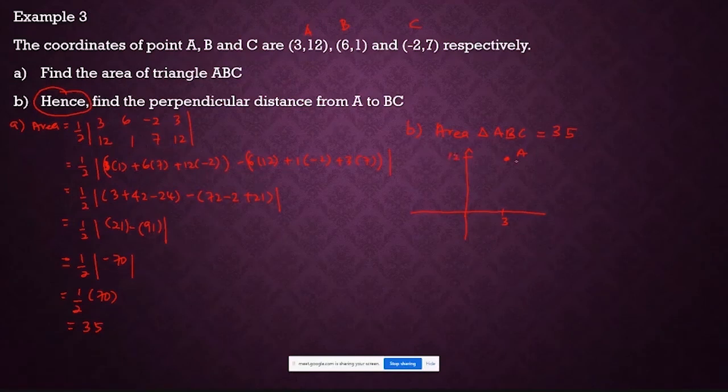Here A is (3, 12), and you have B (6, 1), and here is C (-2, 7). So this is the coordinate of each point.